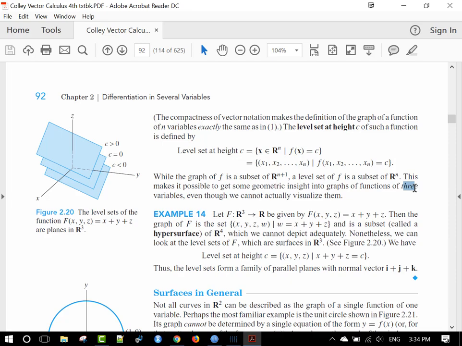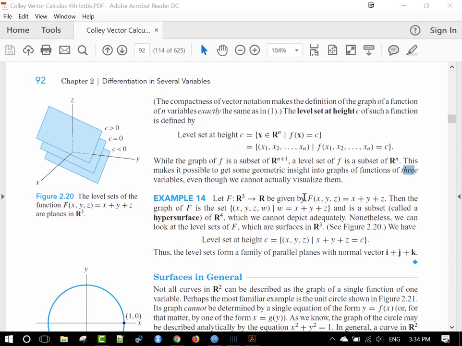But we can graph the level curves because they will be just in 3 variables. So here's an example. Here's a function from R3 to R. So the graph is going to be in R4. We can't do that visually, or physically, I should say. But we can think about the level curves for this thing that we can't visualize.